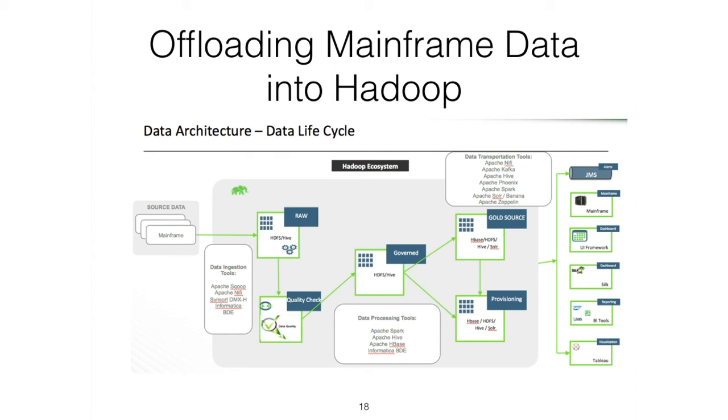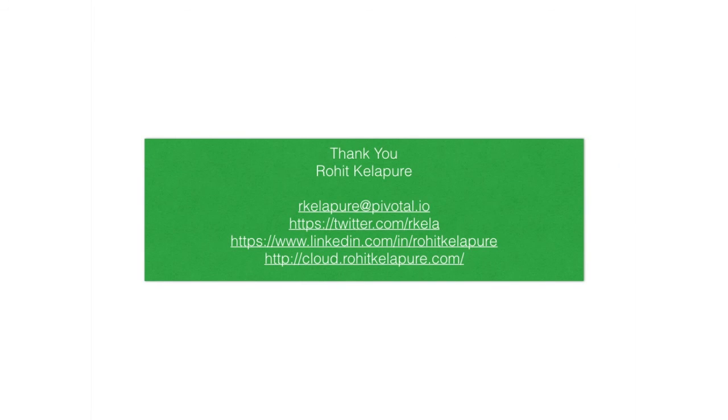There are a number of tools from Informatica, from SyncSort, using just Apache open source, where you can offload data into Hadoop, and also, if there is a use case, take data from Hadoop and reload it back into the mainframe. So if you want a target to move data, you have either an in-memory distributed data grid like Geode, or you move to a Hadoop distribution. That was the last slide.